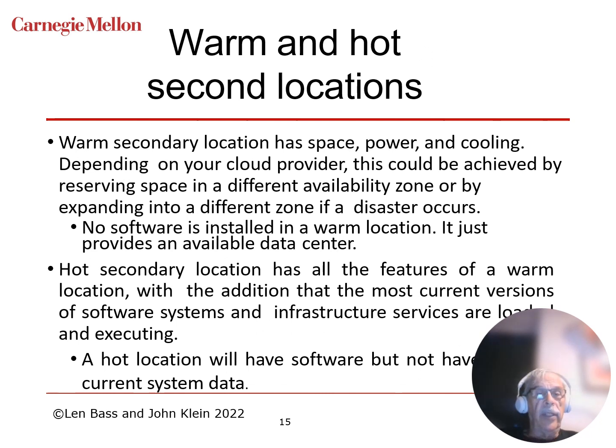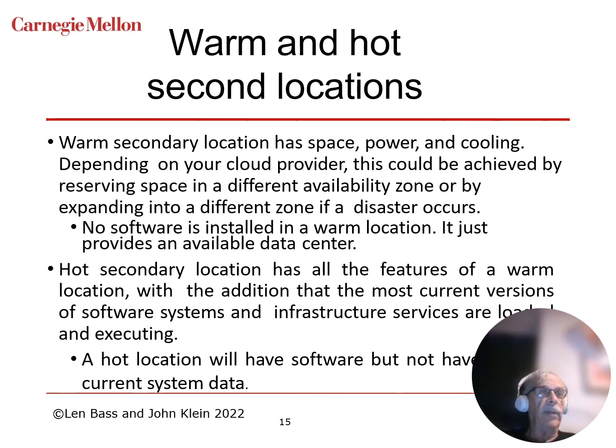So the terms that are used, there's something called a warm secondary location, and that is space that you've reserved, but you haven't loaded it with any software or data. So you might have a secondary data center someplace else that you share with other organizations.